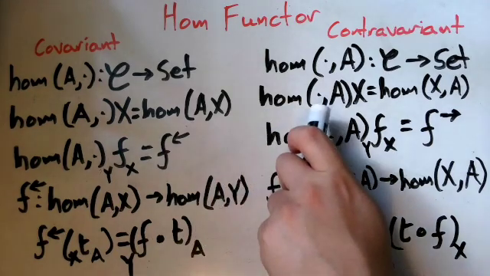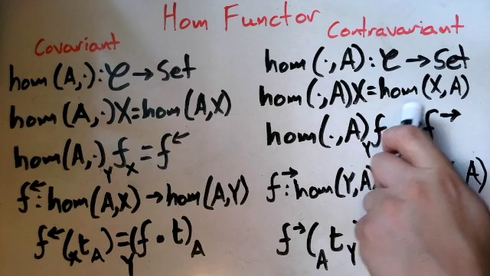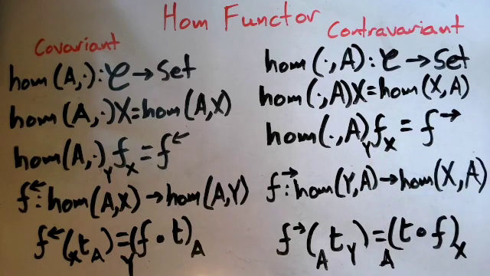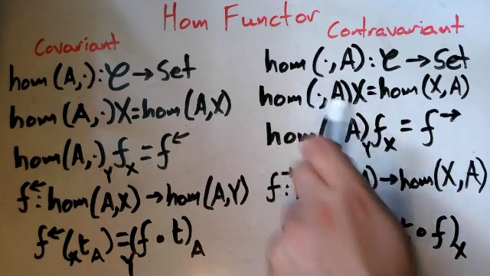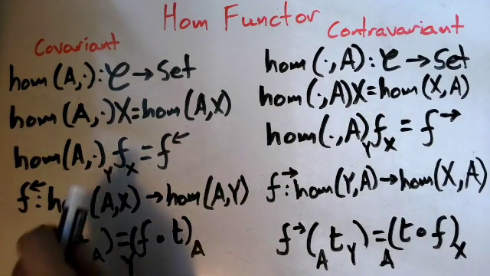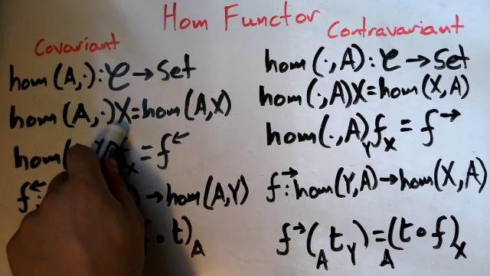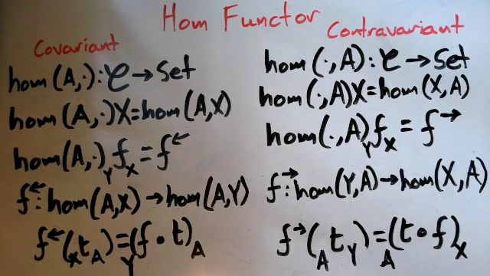So home blank A applied to X will give us the home set from X to A. So in some sense, you can see we're simply filling in the blank with whatever the object is in either case. And we can see that we are sending objects of C to sets in the category of sets, specifically home sets.